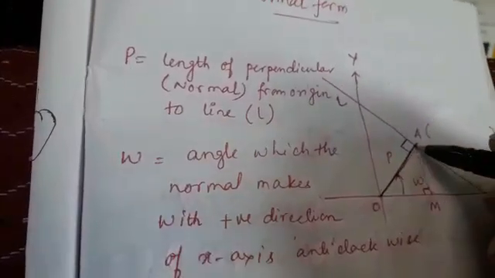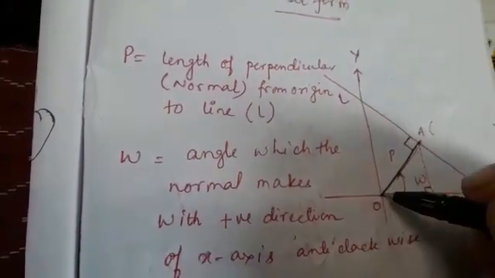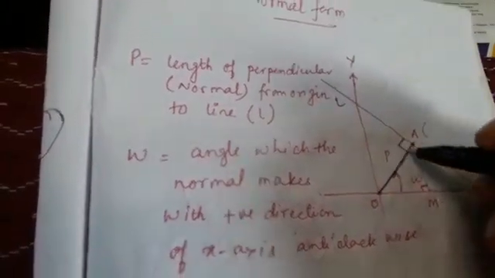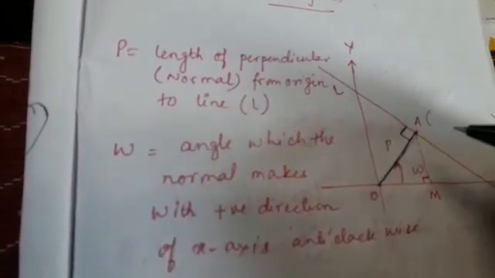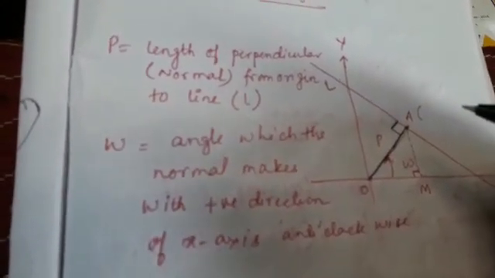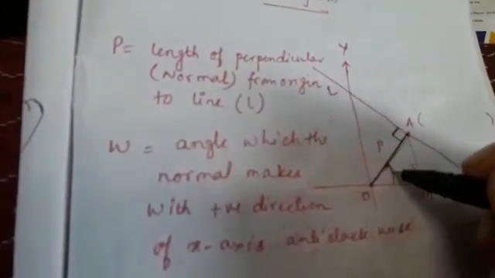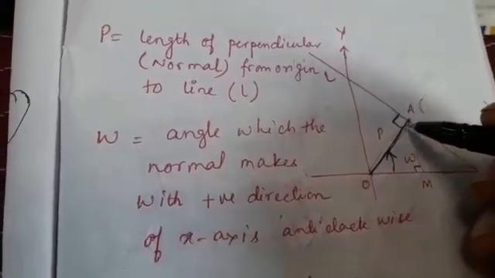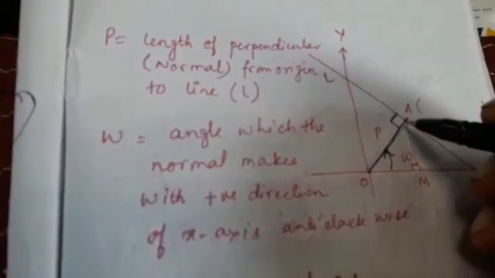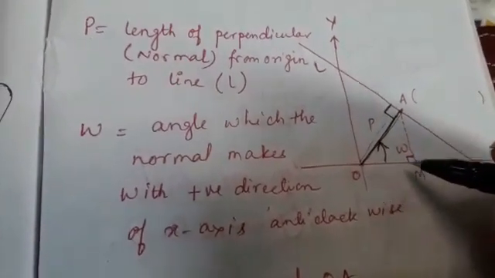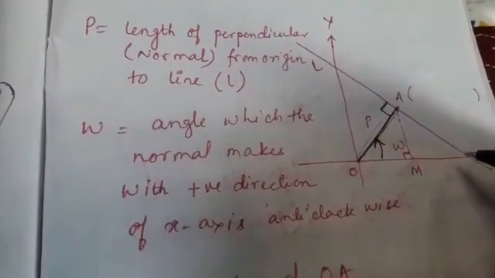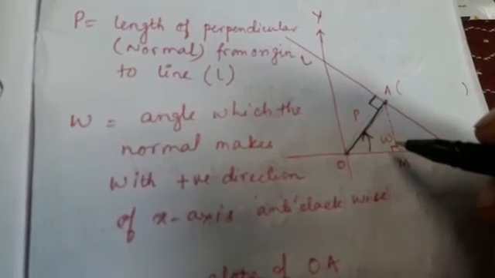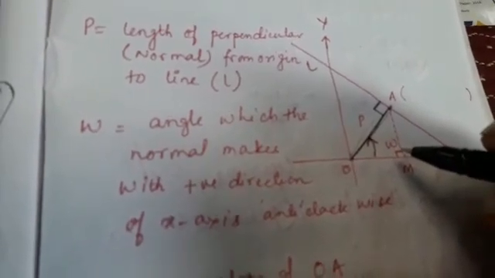This P is given, and the angle which this normal makes with the positive direction of the x-axis, that is this omega angle, is given.